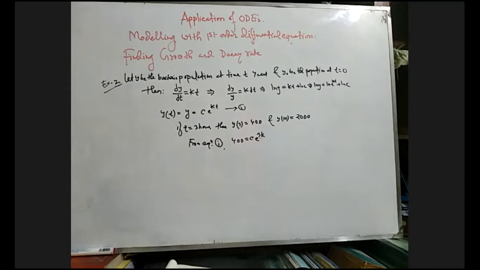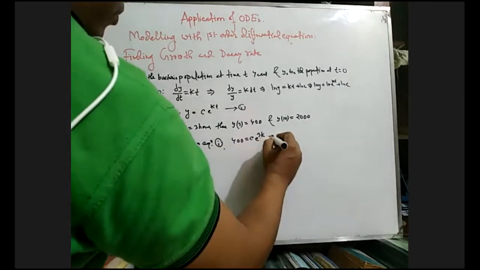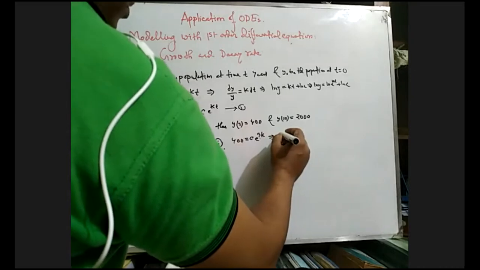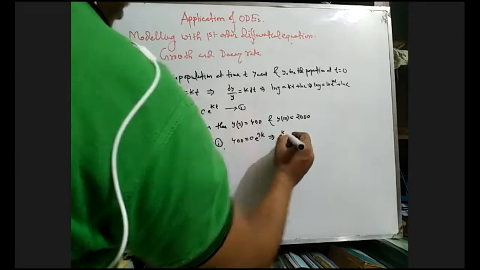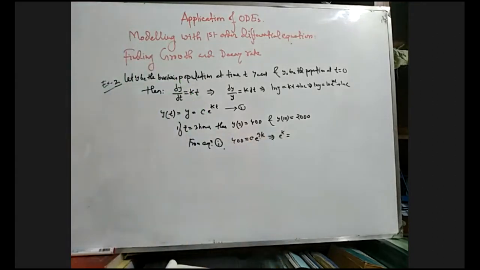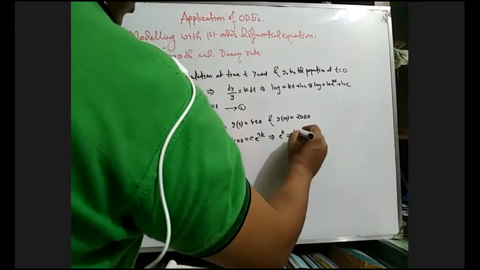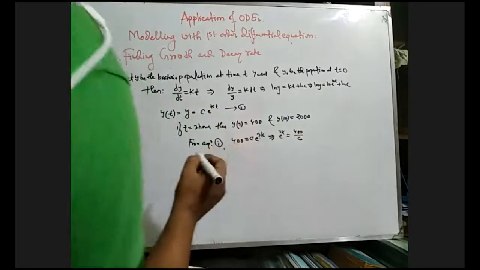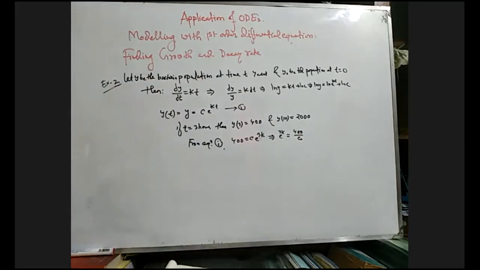From here we can find the value of e to the power k. E to the power 3k equals 400 divided by c.